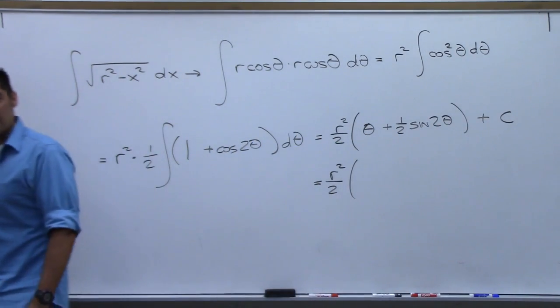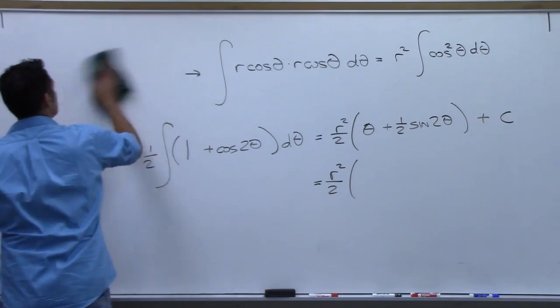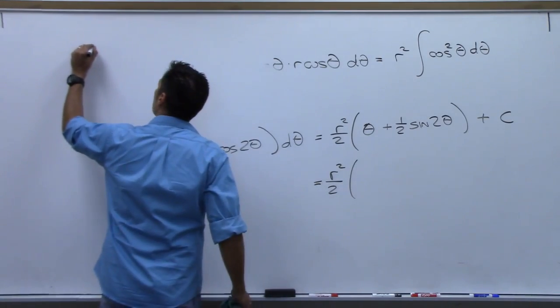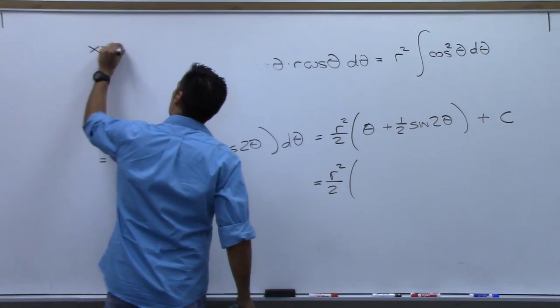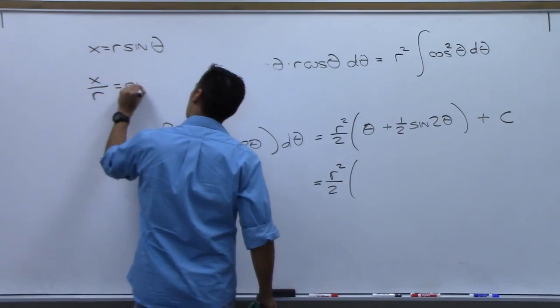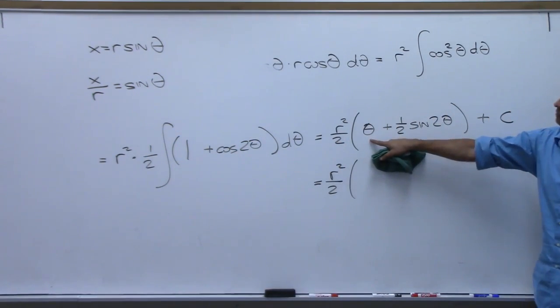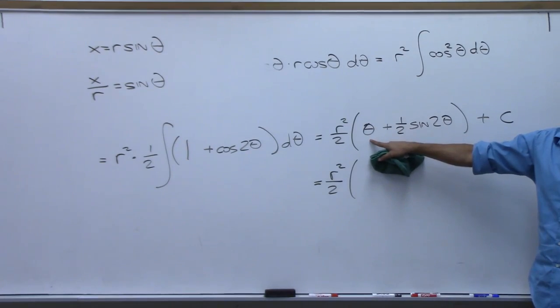So, theta. How do we get theta? Go back to our trig sub, which was x was r sine theta. X over r is sine theta. So what is theta?